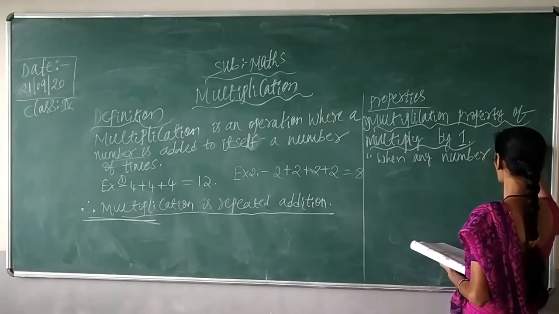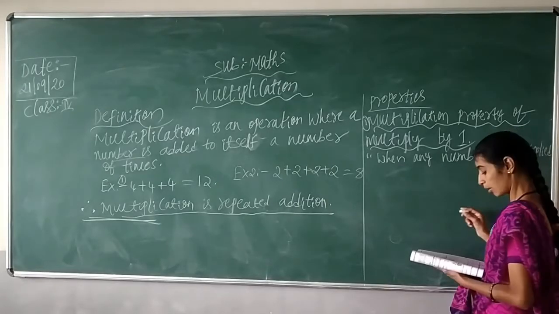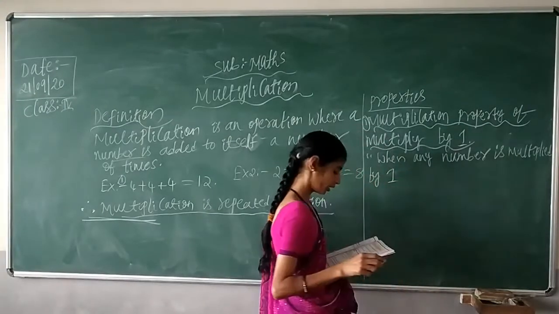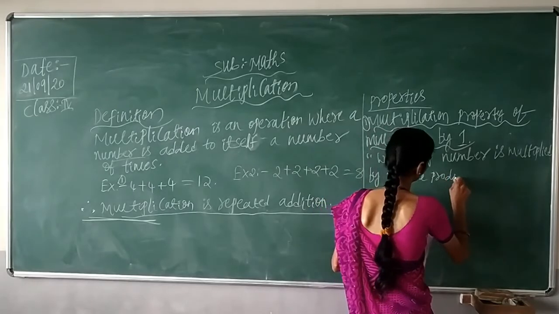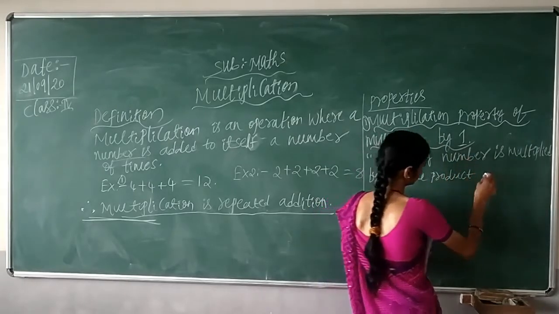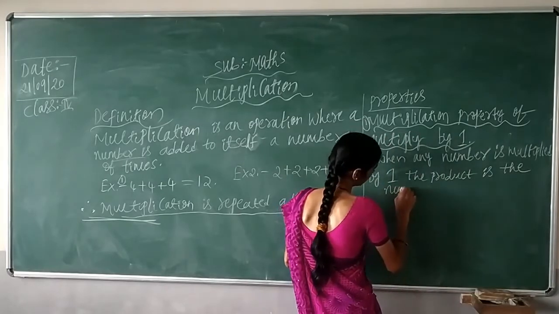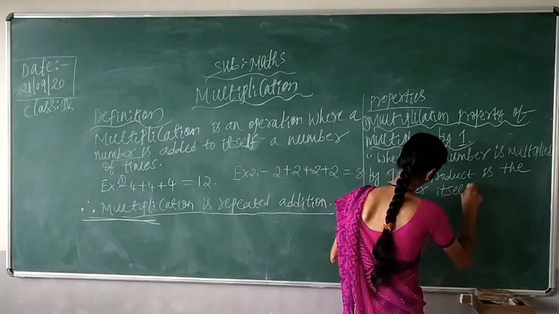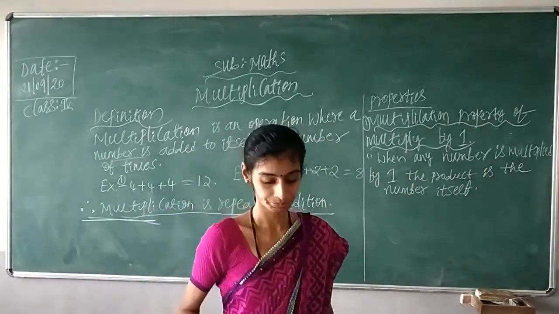When any number is multiplied by 1, the product is the number itself. So what does the property say, children?